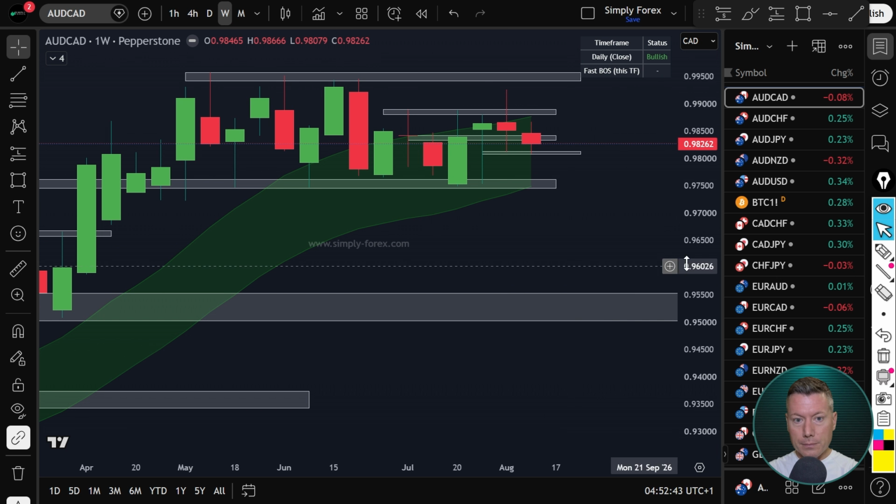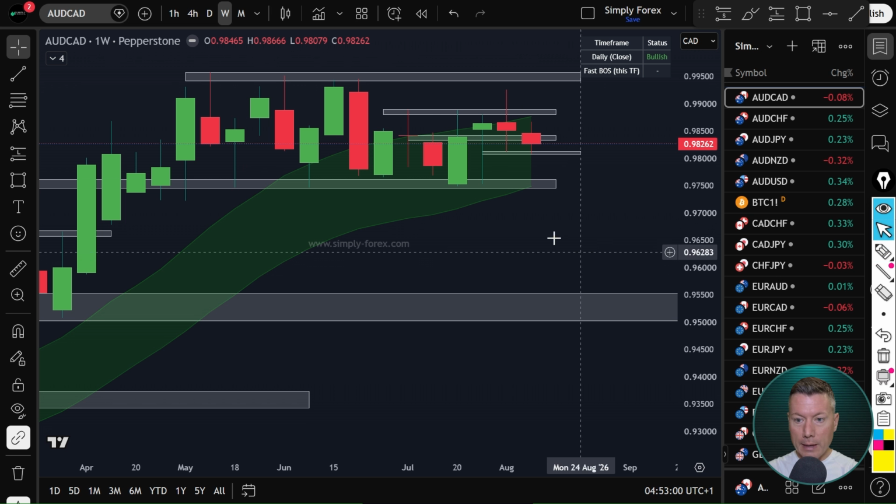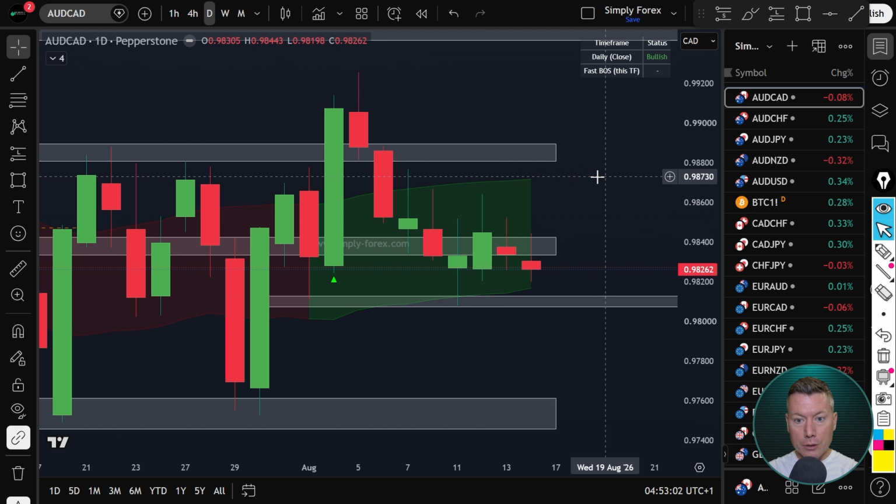Now, ultimately, Aussie dollar, Canadian dollar was ranging between here and here. Now, it seems to be ranging between here and here, right? This range has got smaller. And at the top of this range, you can see bearish candle, bearish candle. Okay. Now, I do need further confluence.